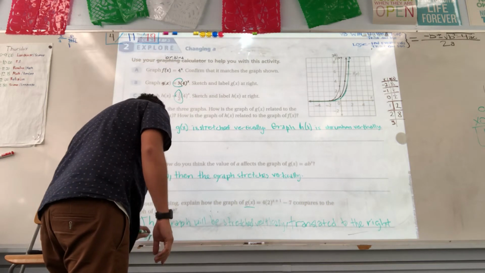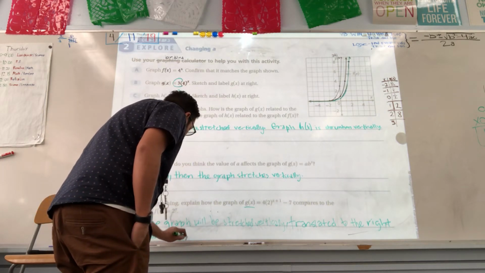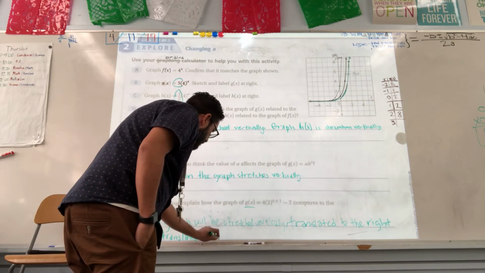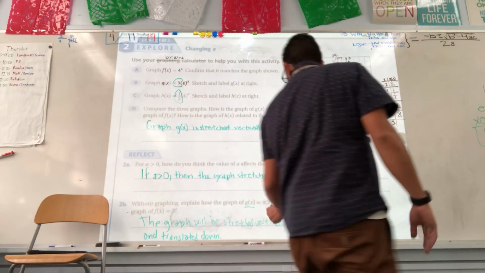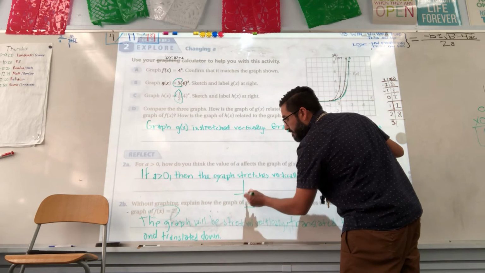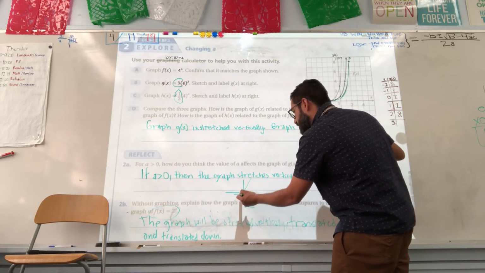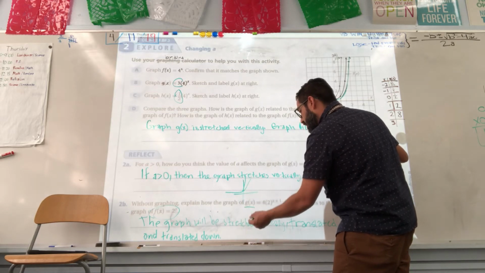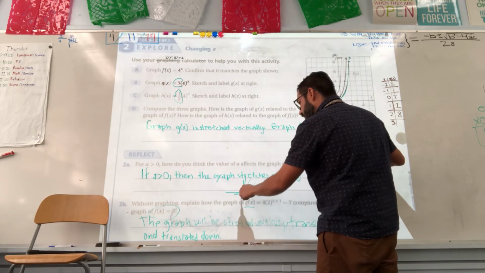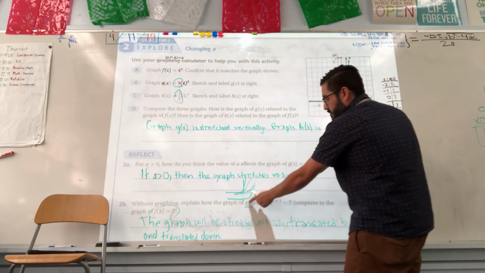And translated down. All right, so basically, if we had this, whatever this looks like in a graph, let's just say it looks like this, okay? It's going to be stretched, so the line's going to look more vertical, and then it'll be translated to the right, and then it will be moved down. So this would be the actual new line.